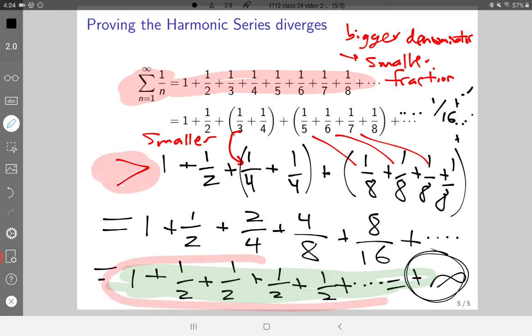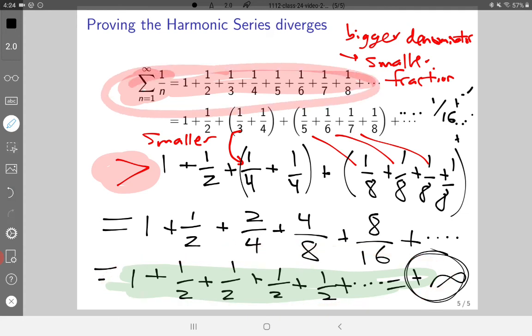So if this stuff down here already adds up to infinity, and this thing up here adds up to something bigger, doesn't this also add up to infinity? It has to. That's the proof, the verification that this series really adds up cumulatively in total to a huge number, just grows and grows and grows.